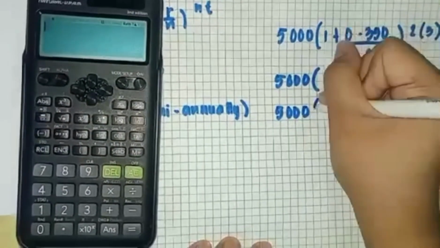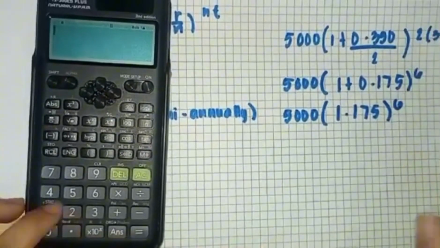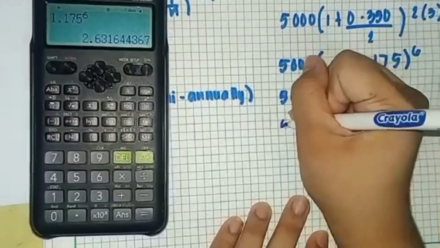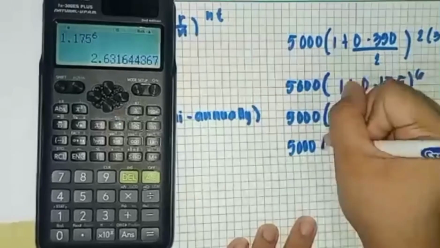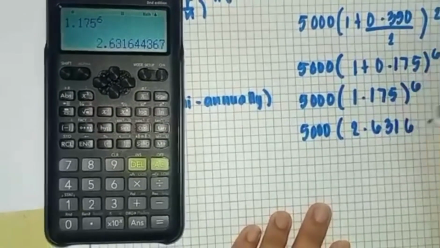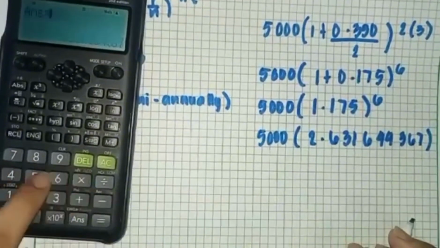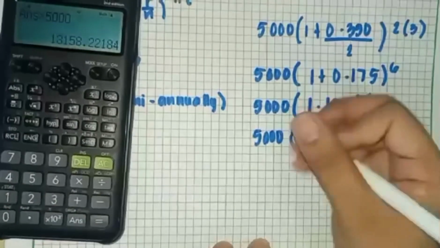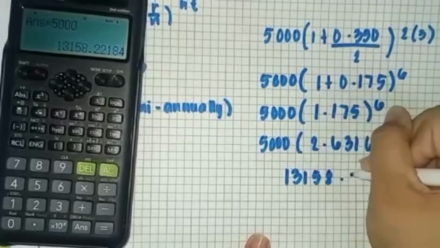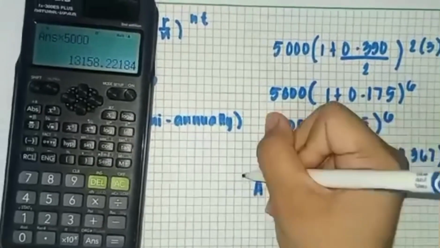Again, input the principal, add 1 plus 0.175, which is 1.175, then raise it to the power of 6. Then 5,000 multiplied by 2.631644367. So the total amount at the end is 13,158.22184 pesos.